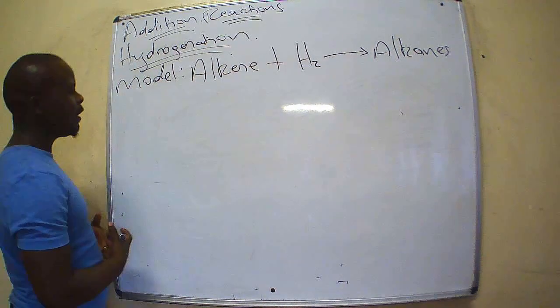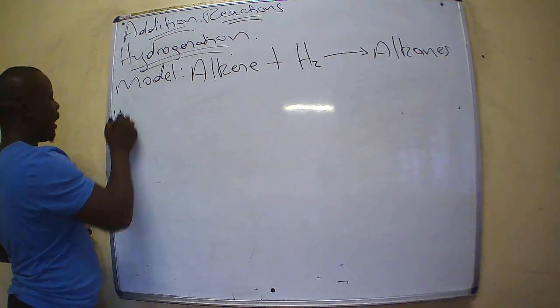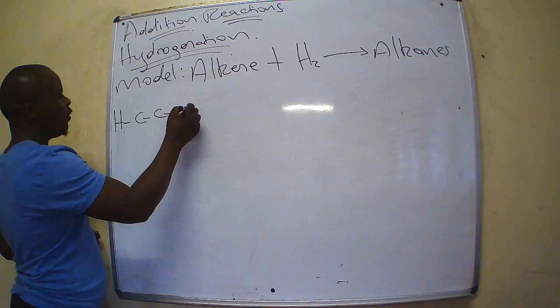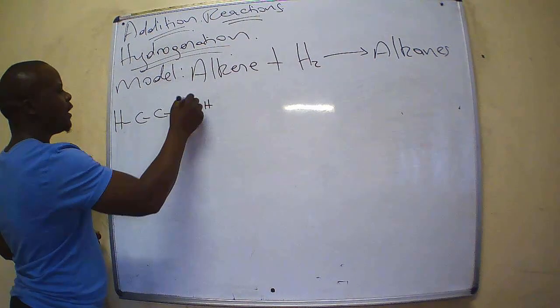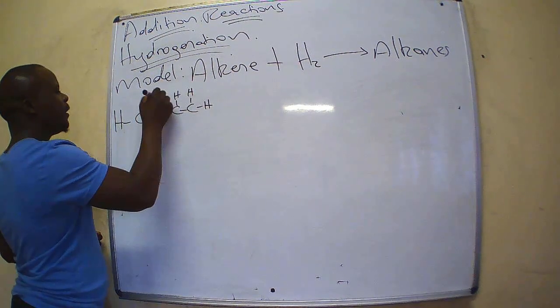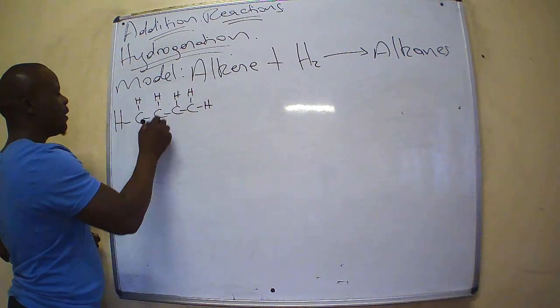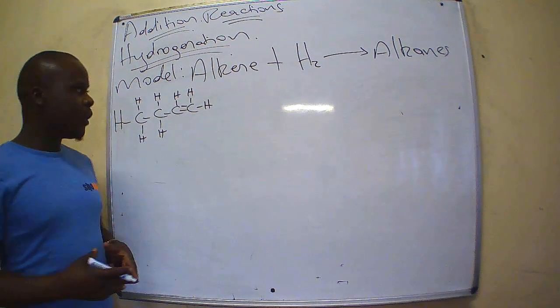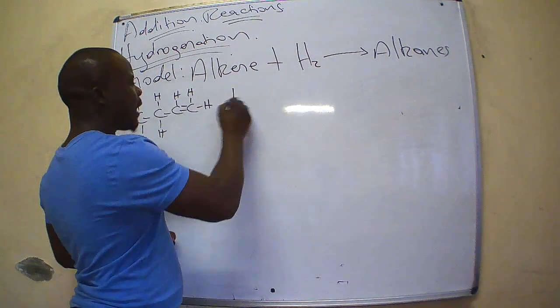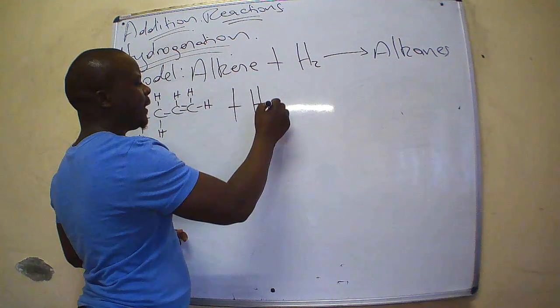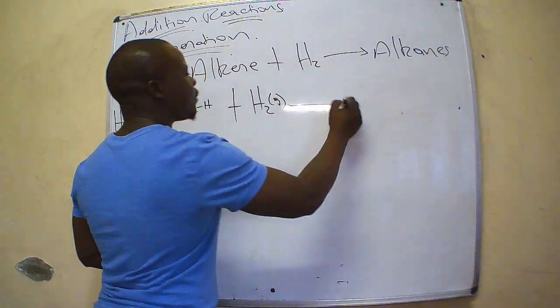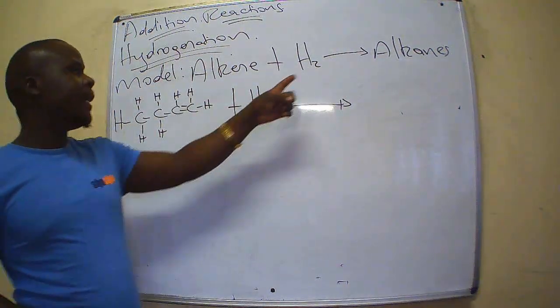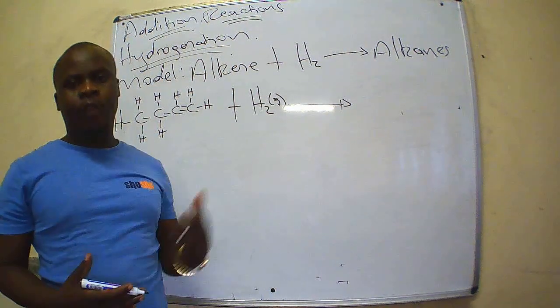So let us have an example of an alkene. Let's have the same alkene that we used previously, and this is our alkene. The double bond is here. So what you want to see now is when this alkene reacts with hydrogen gas, how is an alkane going to be formed from them?